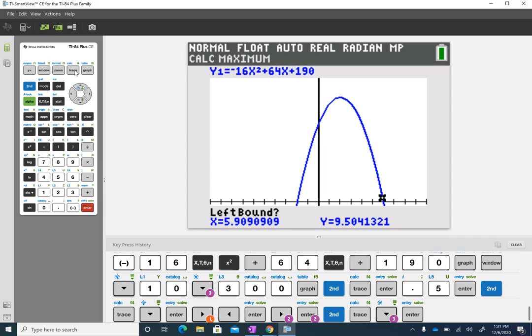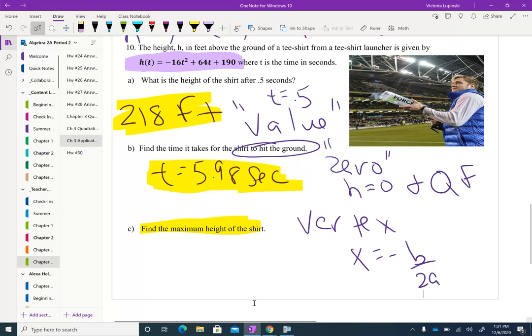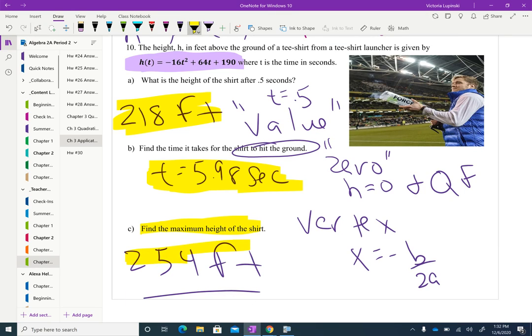Remember, again, you have to get close to where the maximum is, but you first have to make sure that you're on the left side. Then make sure you're on the right side. Guess if you're fancy. Otherwise, it gives you the following. So 254. Because the question was the maximum height, that would be 254 feet.